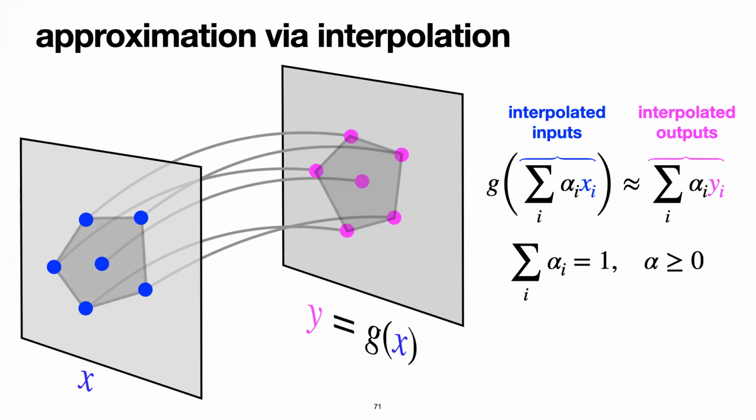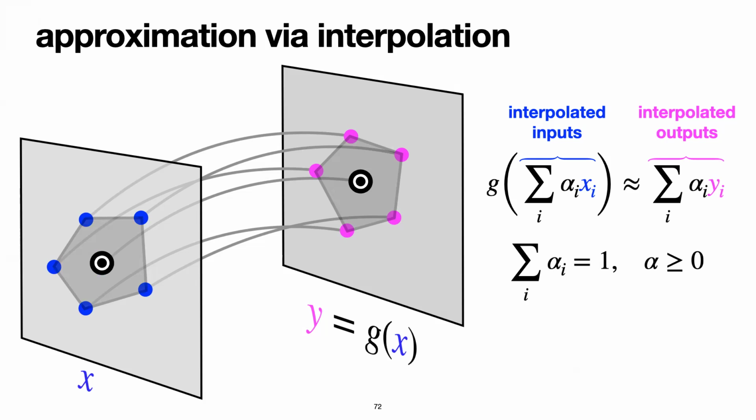I can use this same approximation, but now it's only approximate, where before for affine functions it's exact. Now I'm effectively saying that if I interpolate the inputs, I approximately get the interpolation of the outputs. It's not exact because it's not affine, but as long as I'm sampling in a close enough region, it's approximate. This gives us another clever way to approximate nonlinear functions by only taking a bunch of samples, without taking any derivatives.